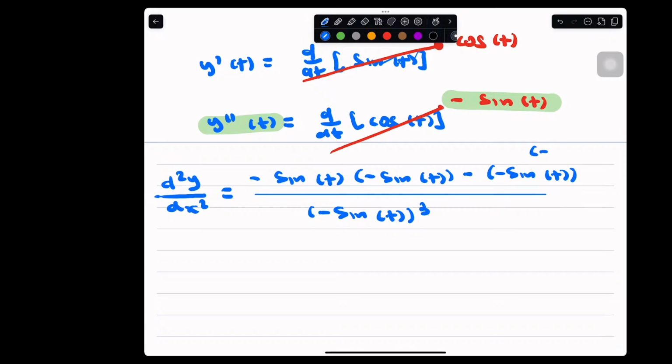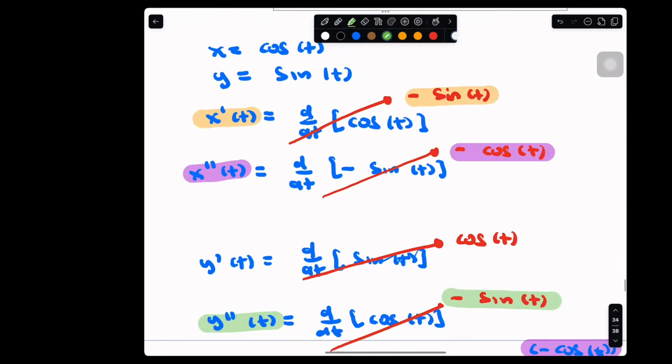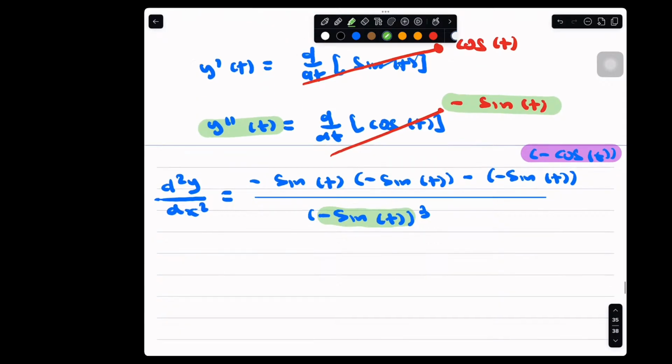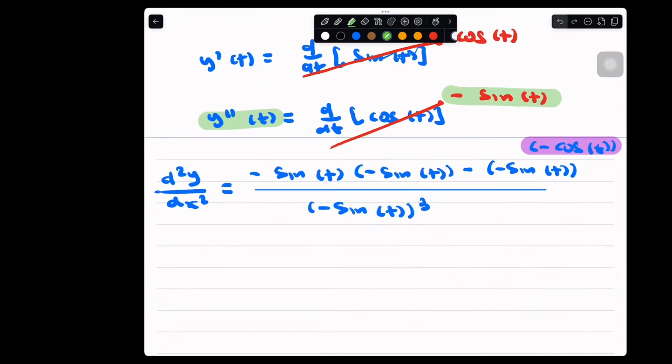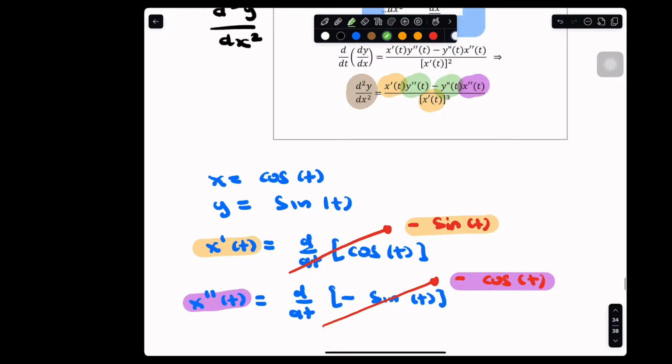So I'll put it right here, minus cosine of t. We can put the colors if you like, so that you can verify that the right functions are in the right places. Orange, orange, and then I think this is green here. Yes.